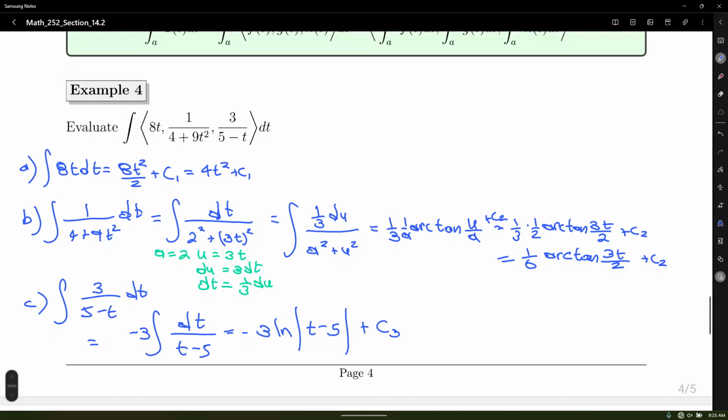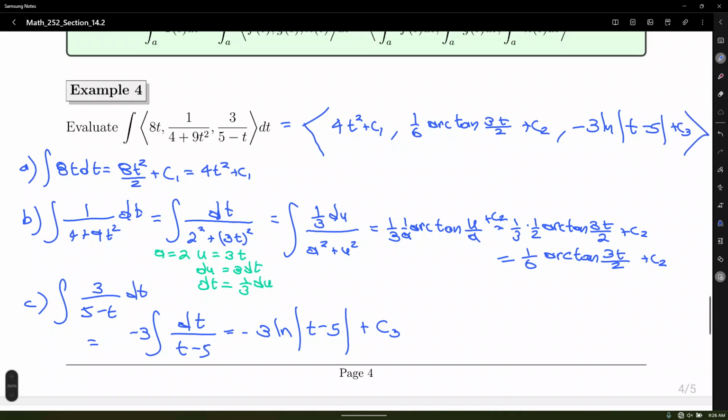So we have the answer to the integral of this vector valued function. All right, that is a whole new vector where the first component is 4t squared plus c1, comma, 1/6 arctan of 3t over 2 plus c2, and -3 ln of absolute value of t minus 5 plus c3.